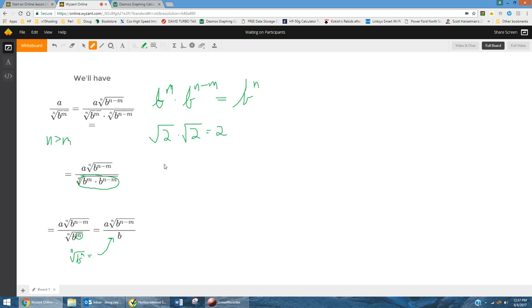The square root of 4 is 2. Another way to think of radical 2 in exponential form is 2 to the 1/2 times 2 to the 1/2. And now when you're multiplying powers with the same base, you add the exponents. So 2 to the 1/2 times 2 to the 1/2 is 2 to the 1st.